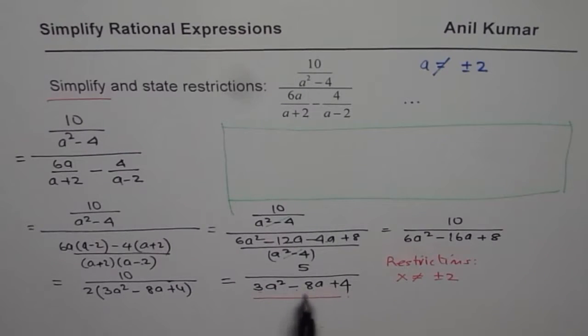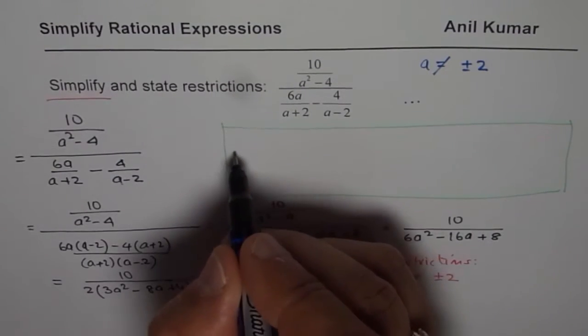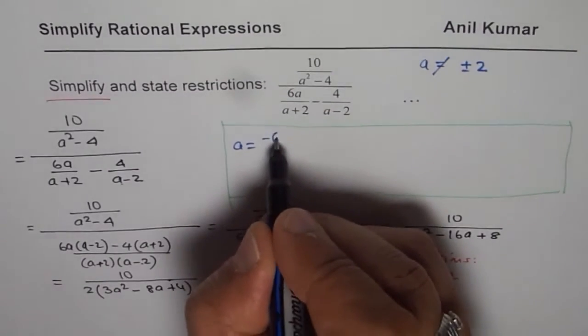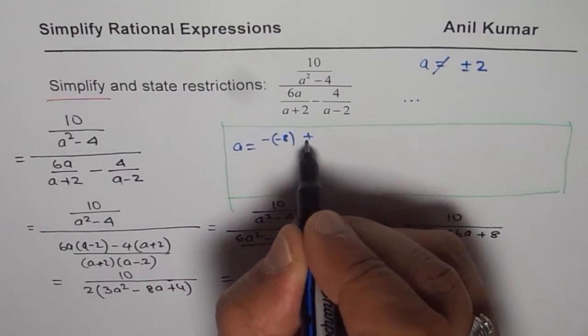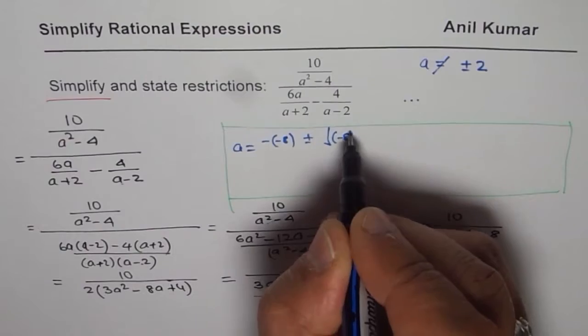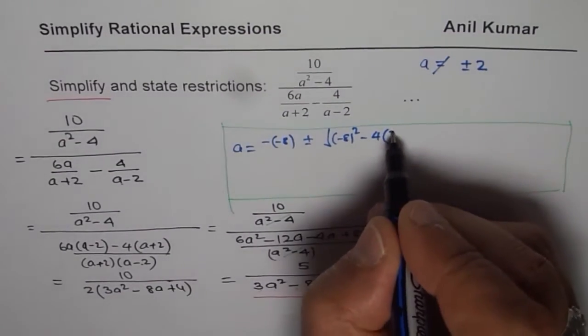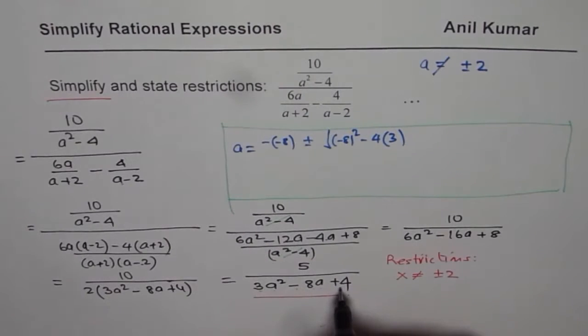Now this is a quadratic equation, so what will be the zeros here? So a should be equal to minus b, that means minus of minus 8, plus minus square root of b square, which is minus 8 square, minus 4 times a, which is 3, times c, which is, I think I made a mistake here.